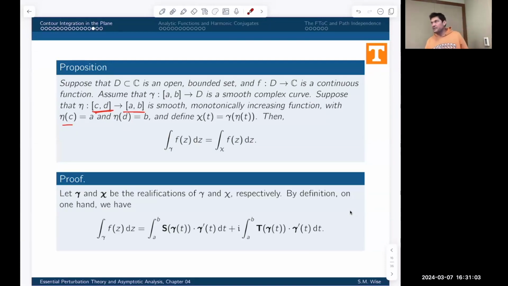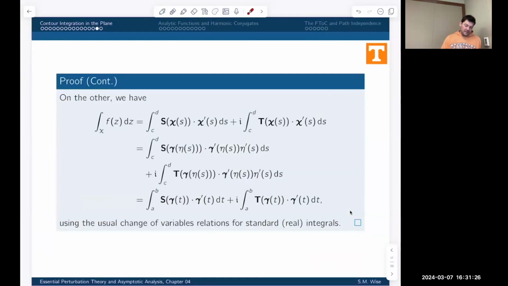Well, the good news is it doesn't, and that's because parameterization doesn't matter even in the real sense, and we can convert everything. So let gamma bold and chi bold be the realifications of gamma and chi respectively. By the definition, on one hand, we're going to have this, right? That's for the gamma curve.